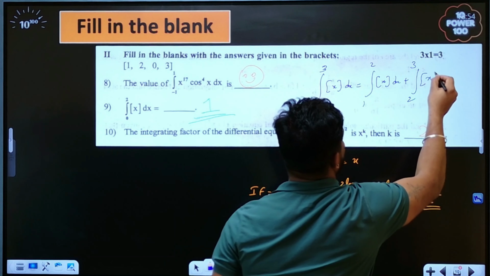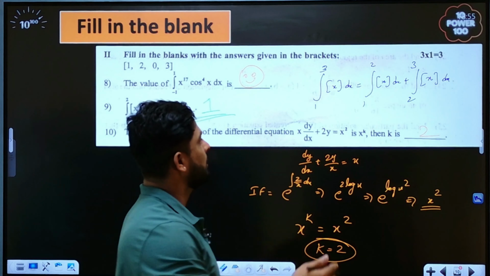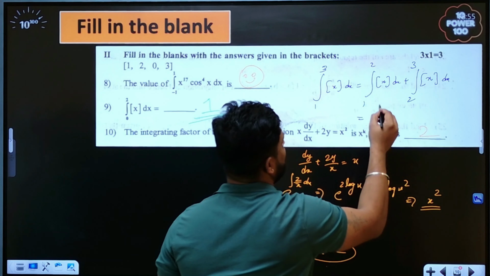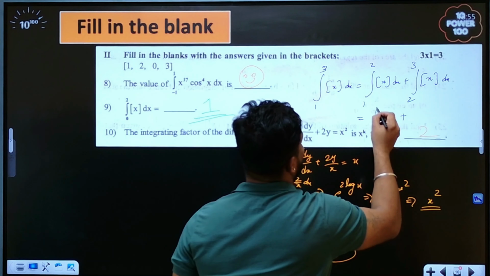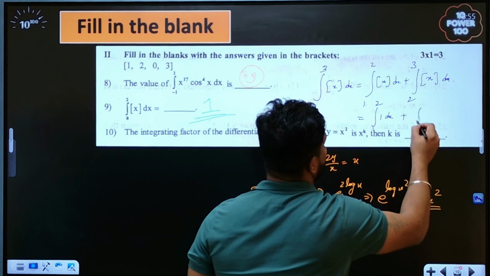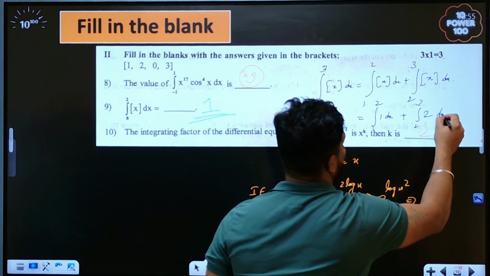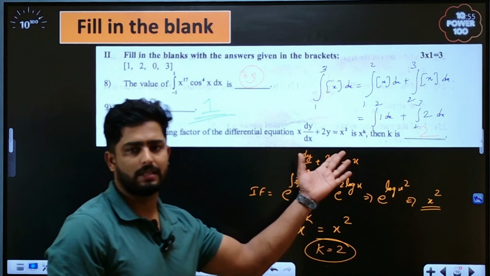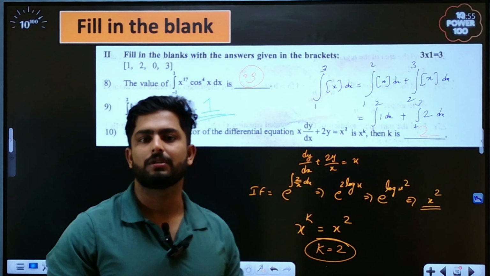Between 1 and 2 it gives 1 itself, so it is the integral of 1 dx, plus between 2 and 3 it gives 2 only, so the integral of 2 dx. Now if you integrate, you will get the answer. That's how it is. So this is about MCQs and fill in the blanks.